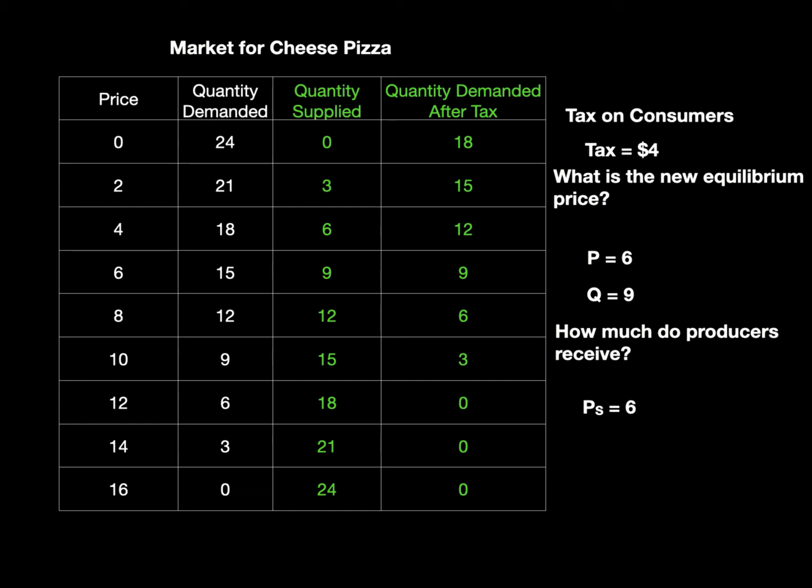And since they no longer have to pay a tax, producers will receive the full $6. How much do consumers pay after tax? Consumers will pay $6 to producers, then an additional $4 of tax to the government for each unit they buy. So consumers will pay a total of $10 per unit.